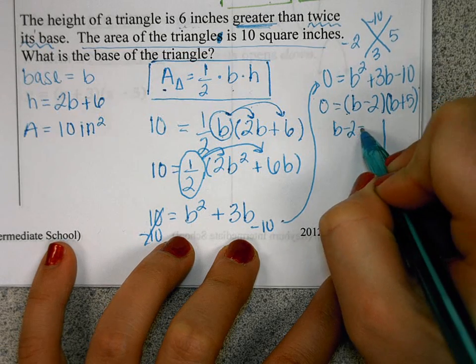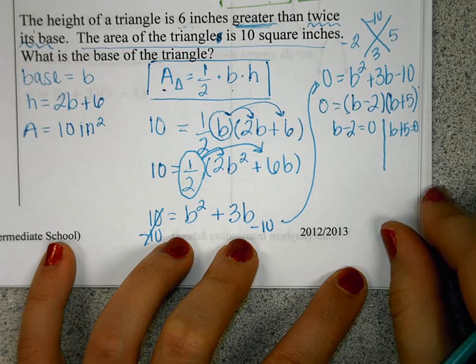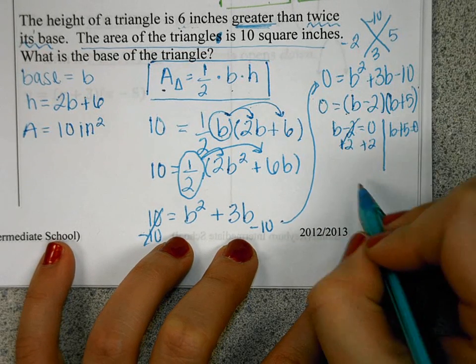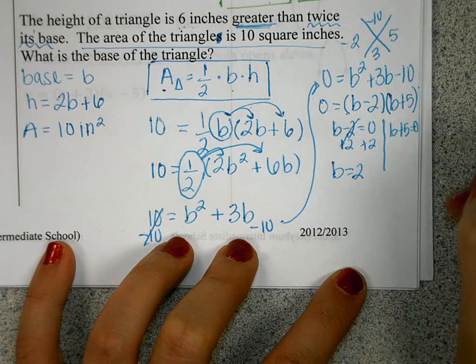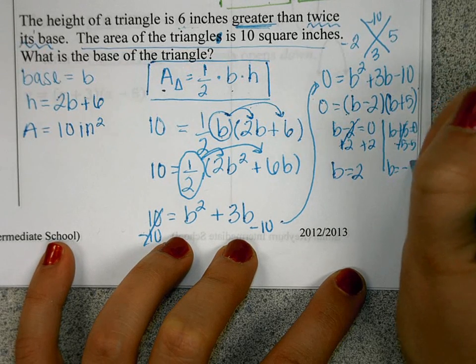So b minus 2 equals 0, and b plus 5 equals 0. So then on the left, I add 2 to both sides, and that gives me b equals 2, and then subtract 5 from both sides, so b equals negative 5.